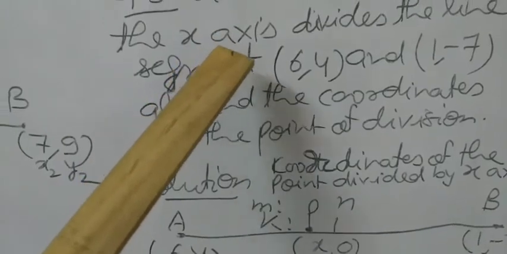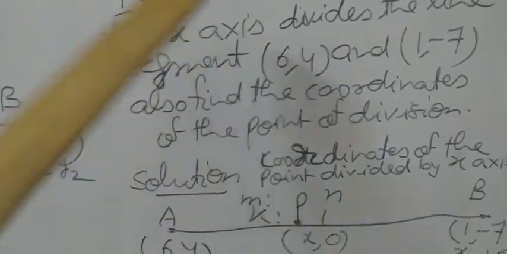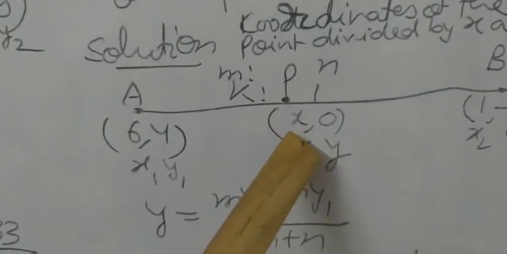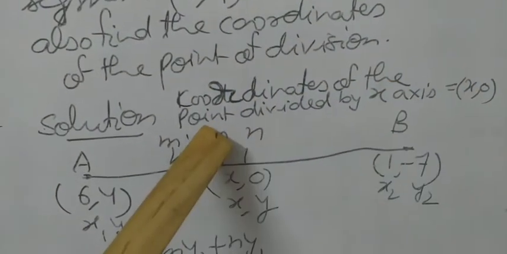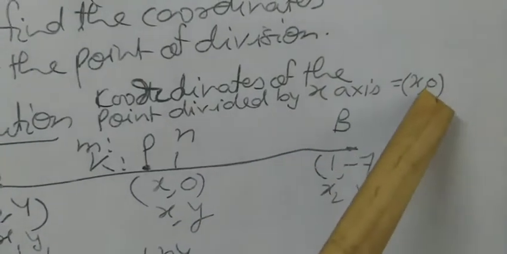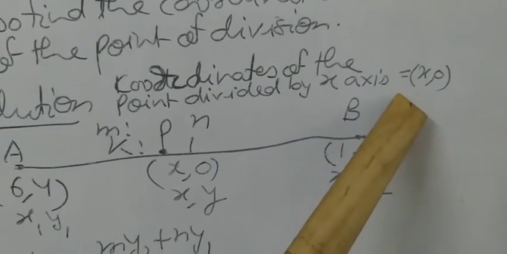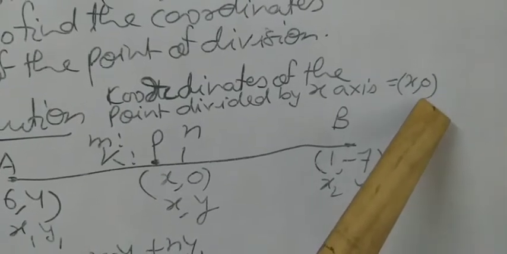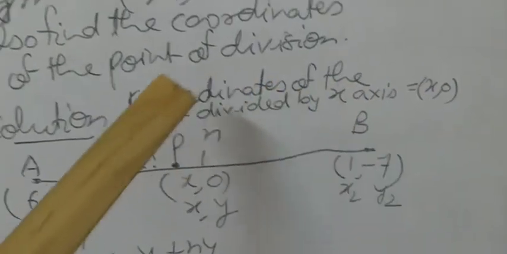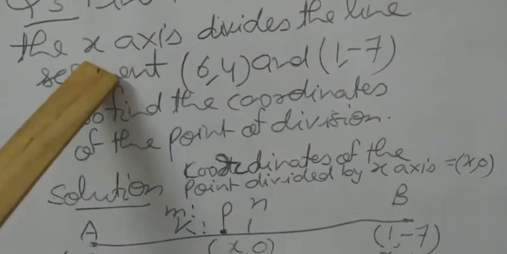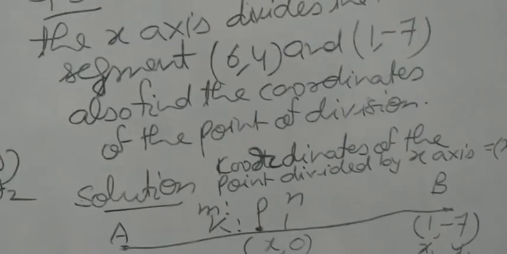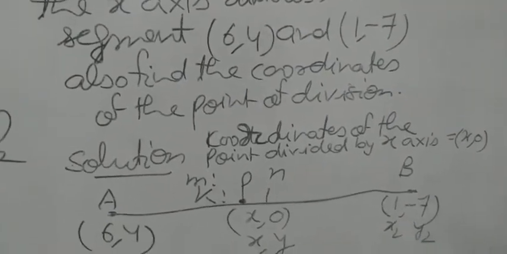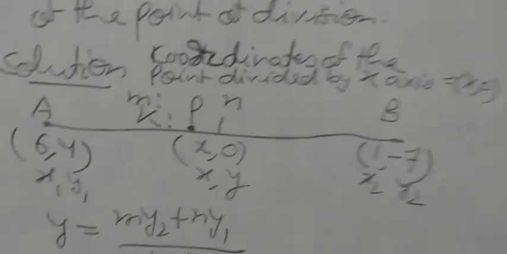Because x-axis divides, so we know that on x-axis y value is 0. So that's why coordinate of the point I have taken x, 0. So coordinate of the point divided by x-axis equals x, 0, because on x-axis the value of y is 0. If at the place of x, y is given, then we can take the coordinate 0, y, because on y-axis x coordinate is 0.